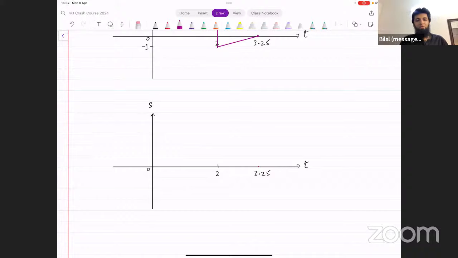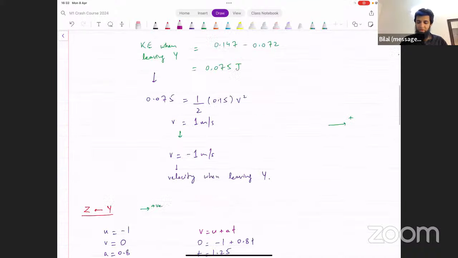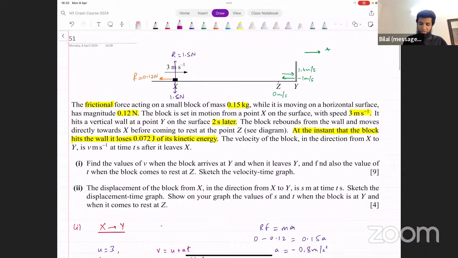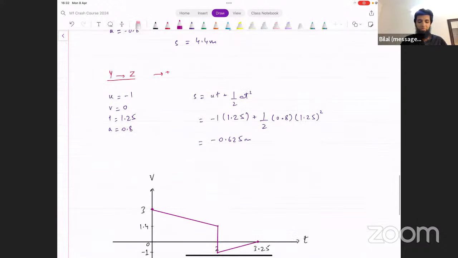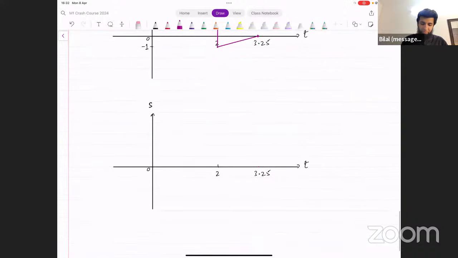At time t equals 0, what's the displacement from x? Remember, we are measuring displacement from x. So at time 0, displacement is also 0 because the object is at the point x. Let's start from 0 displacement. Okay. What about time 2?